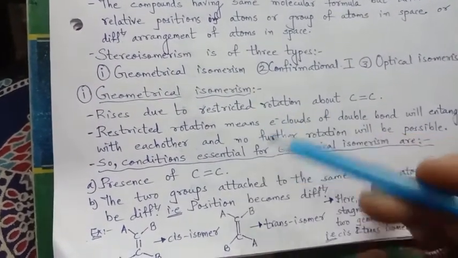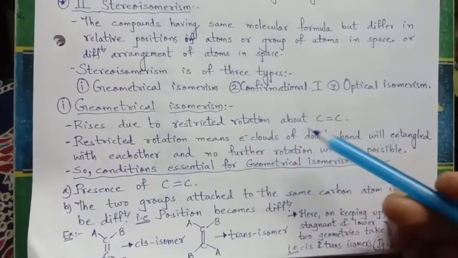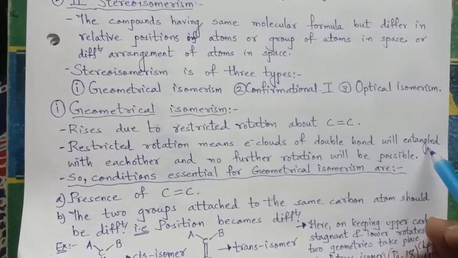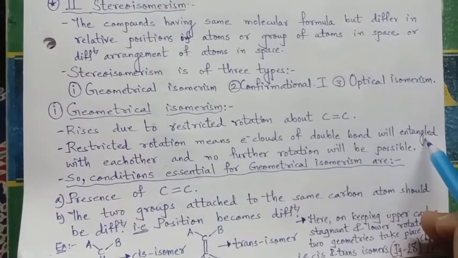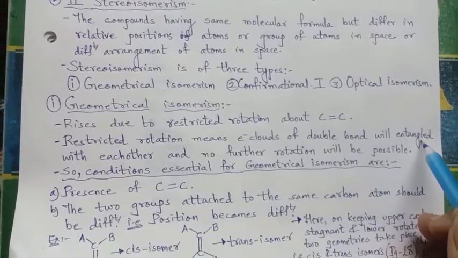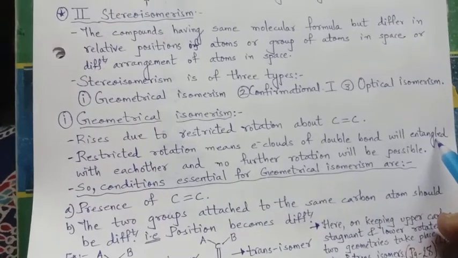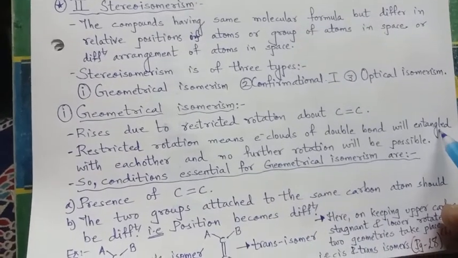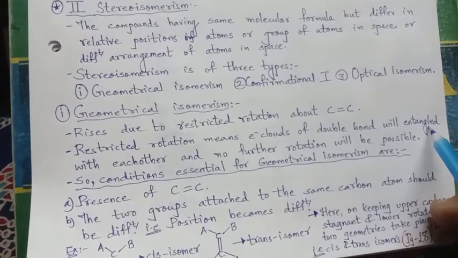What is restricted rotation? Restricted rotation means the electron clouds of the double bond will entangle with each other and no further rotation will be possible. Entangled means to get mixed with or to get an obstacle of each other. When one is moving and the other is an obstacle to the first one, then they won't move further, and that is called entanglement.